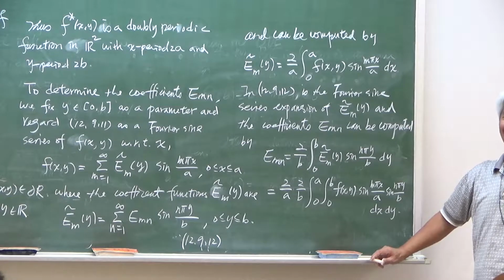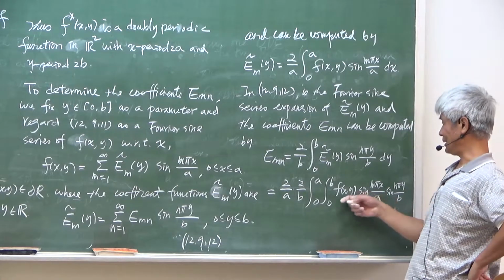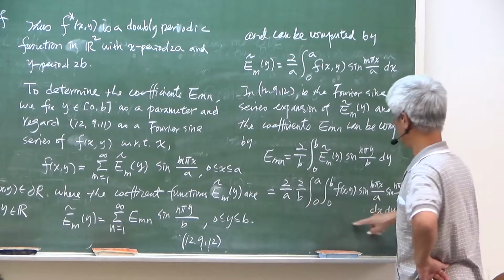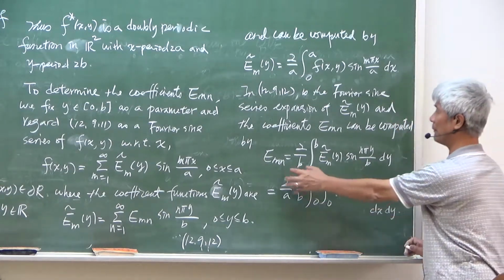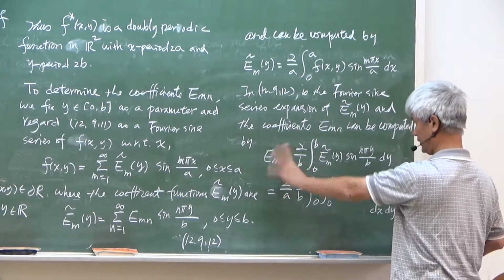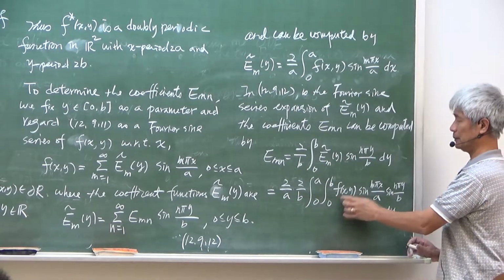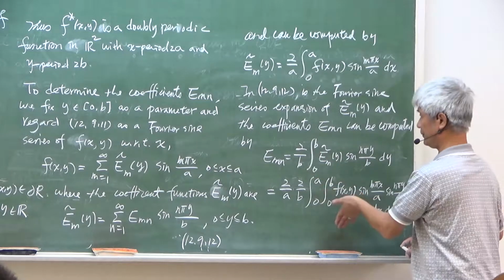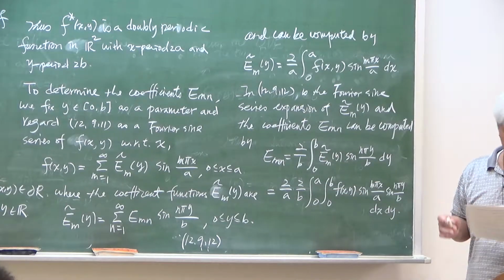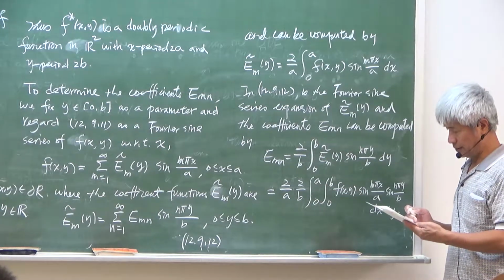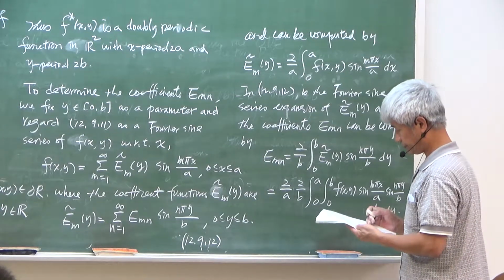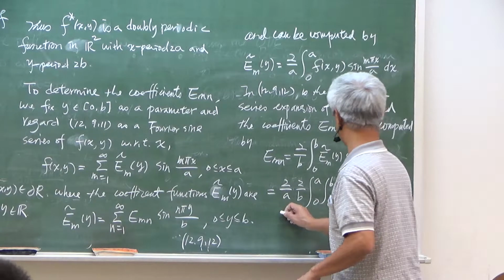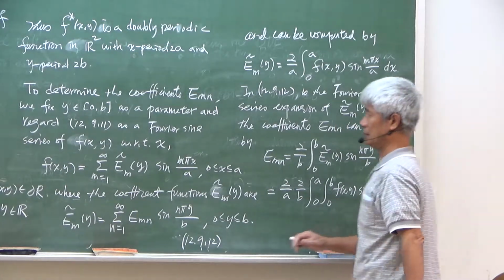So for now we can compute the coefficient by the initial expression here. There is no problem for us. We find E_mn here.